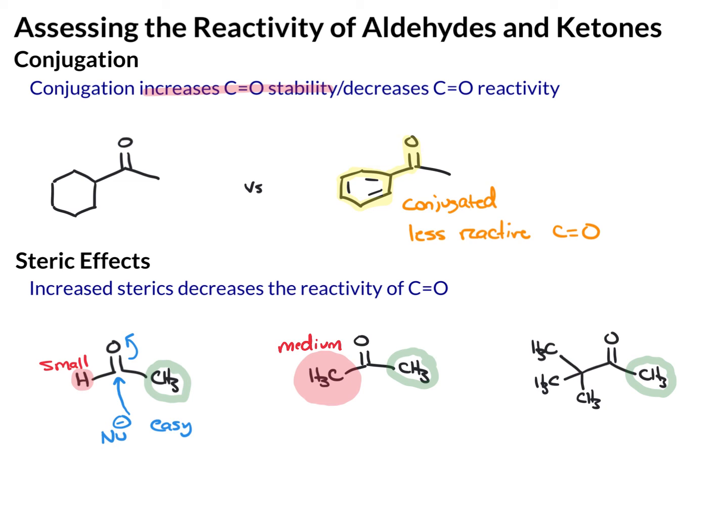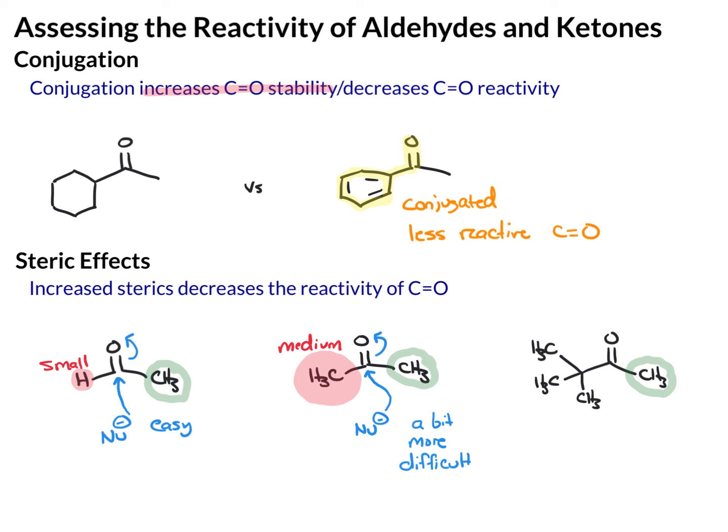So now as we go to add the nucleophile, it's still certainly possible, but it's a bit more difficult because it runs into this bulky group. But then as we move up to the really bulky tert-butyl group, this is a large group.